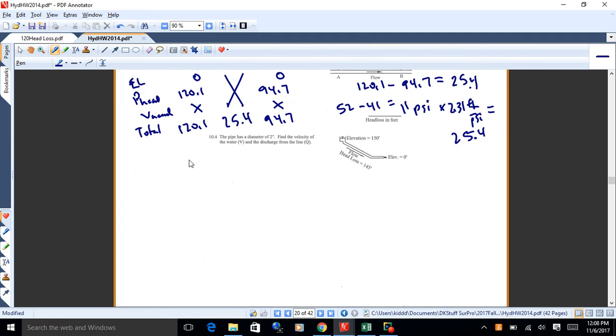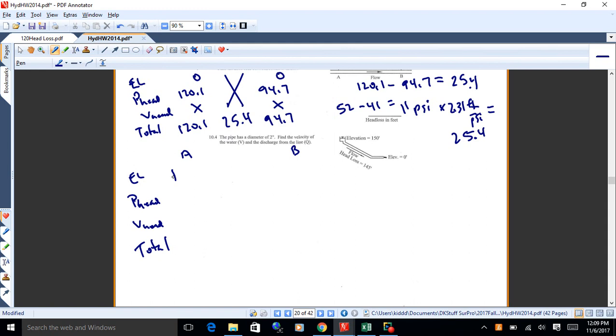You end up with 5 feet of energy at B, and that's all going into the velocity. So you solve for velocity by using velocity head on this next one. I'll just call it A and B. Elevation, pressure head, velocity head, total.